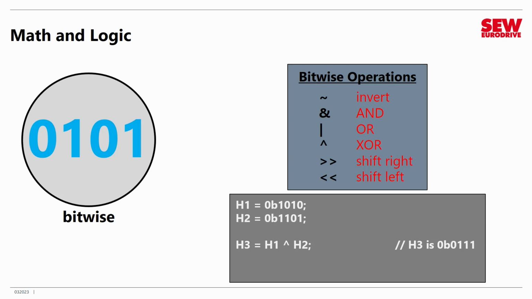Let's take a look at the shift operations. First of all, we'll do a shift right. So we have 2 greater than symbols together, no space between them, and the number 2 after it, which indicates we're going to do 2 shifts to the right. We're taking variable h1, shifting it and putting it in h4. Let me remind you of something here. We have supplied a very small binary number, just 1010.